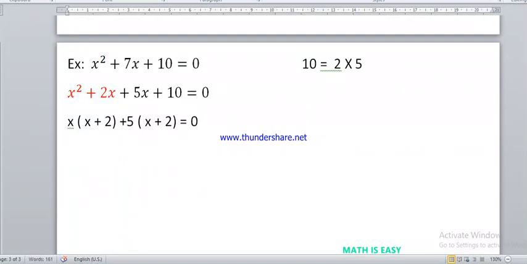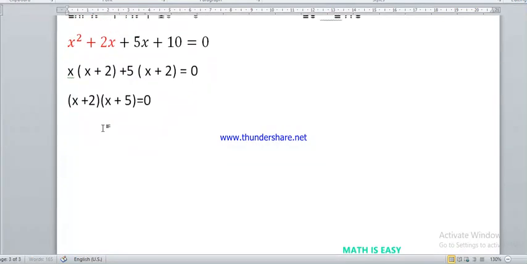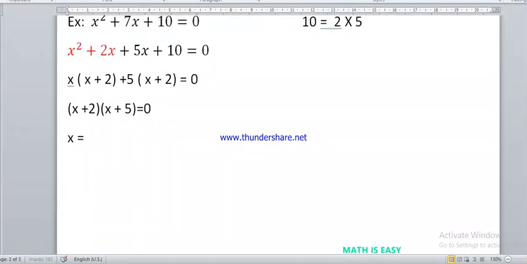Again, from both the terms, I can take x plus 2 common. Then you will get it as x plus 5 equals to 0. When I solve both the equations, I am going to get x equals to minus 2 and x equals to minus 5.